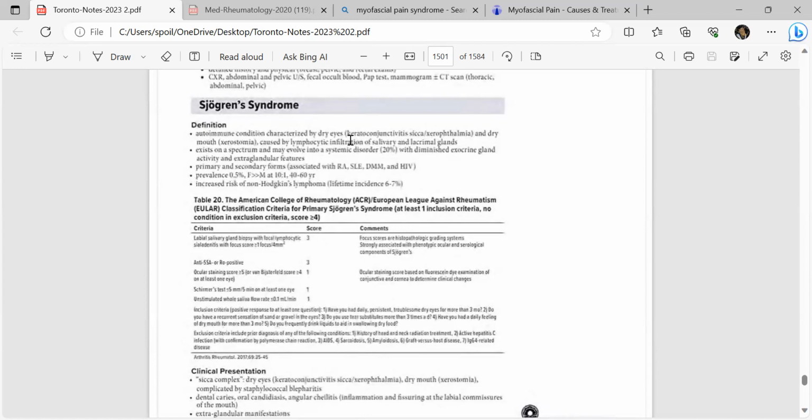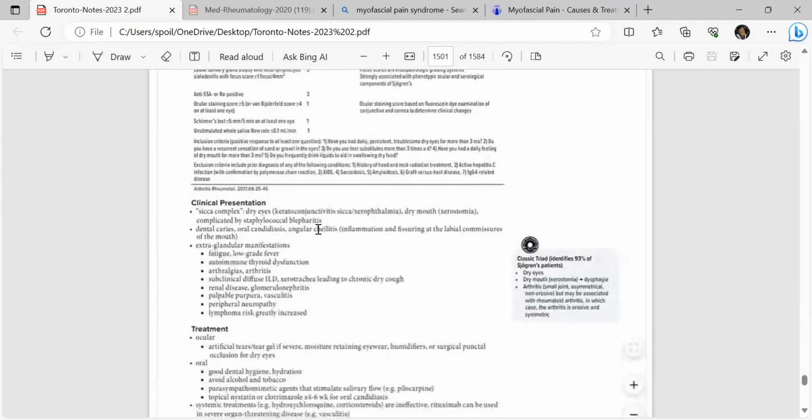So it exists on a spectrum, it varies. In 20% of cases, it may become a systemic disorder. Okay, and it's more common in females. And the age is 40 to 60 years old, and it's associated with rheumatoid arthritis, SLE, and HIV.